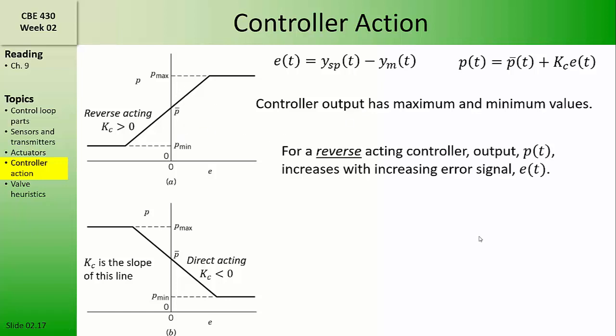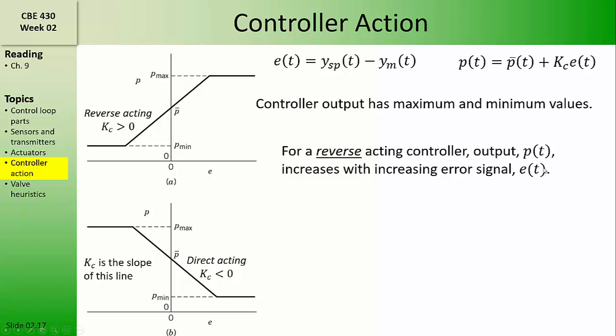For what we call a reverse acting controller, the output signal P increases with increasing error signal E. This is called reverse acting because the error signal increases when the measured value decreases.